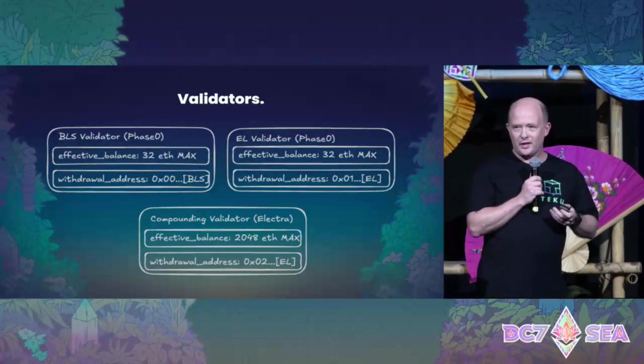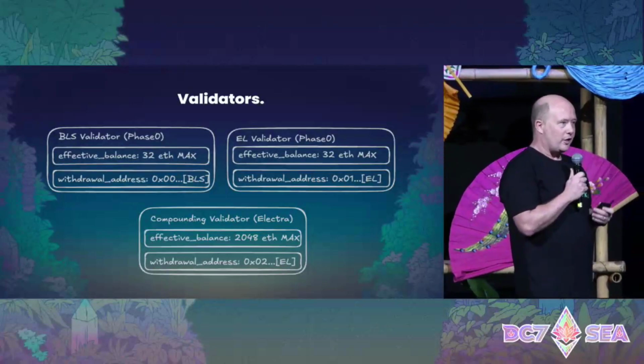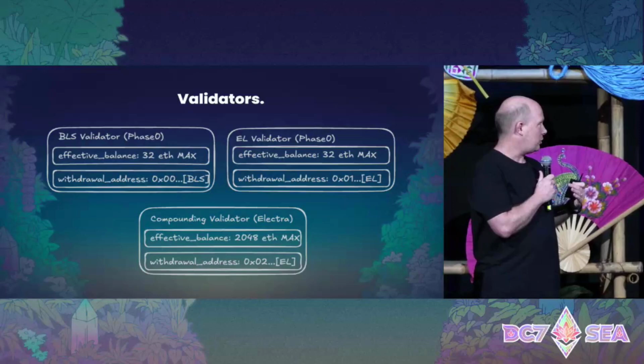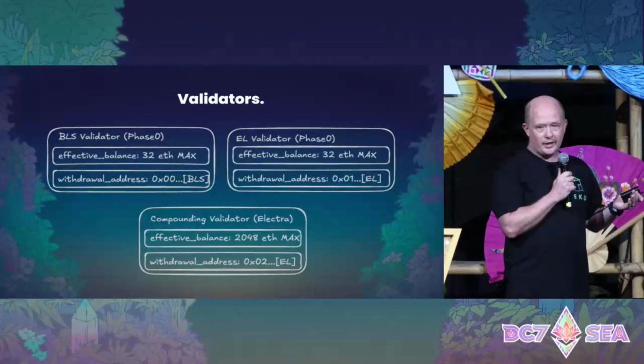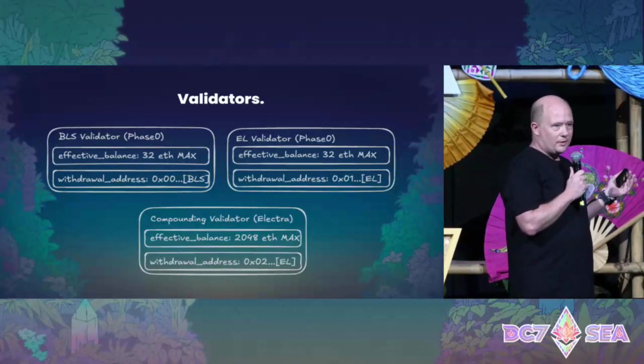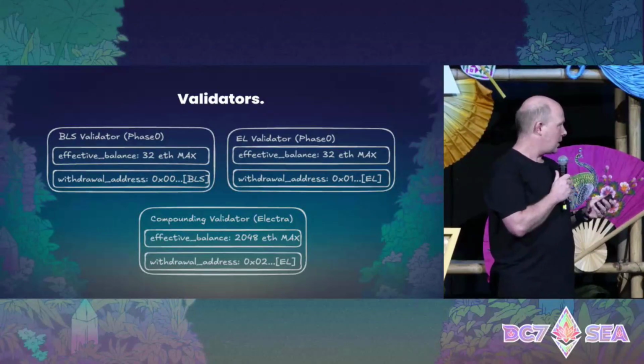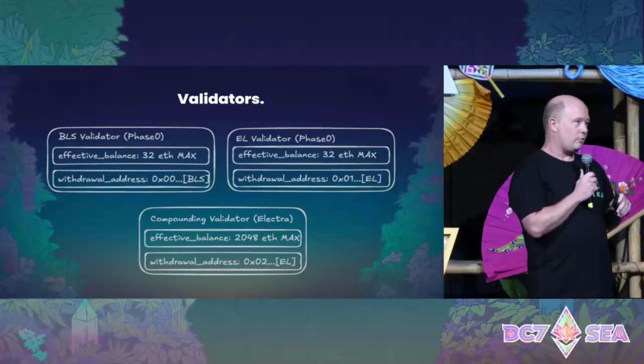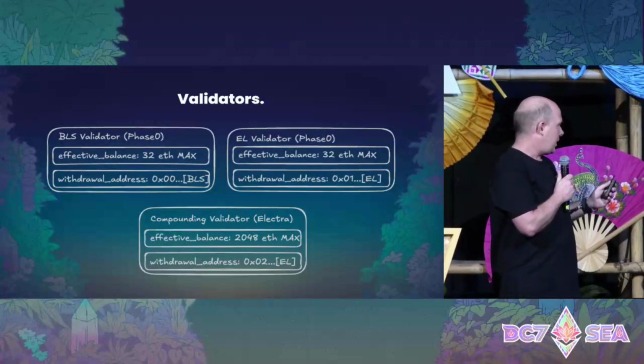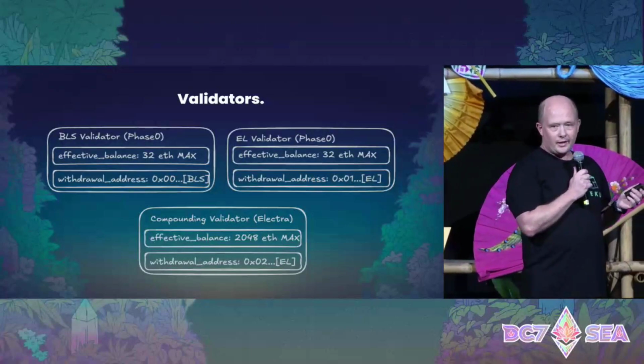Withdrawal sweeps was fairly popular. They were only actually available with the execution layer validators. So there was also a process made to swap from BLS credentials over to EL credentials. In Electra, the principal change that we're making is we're introducing a compounding validator.